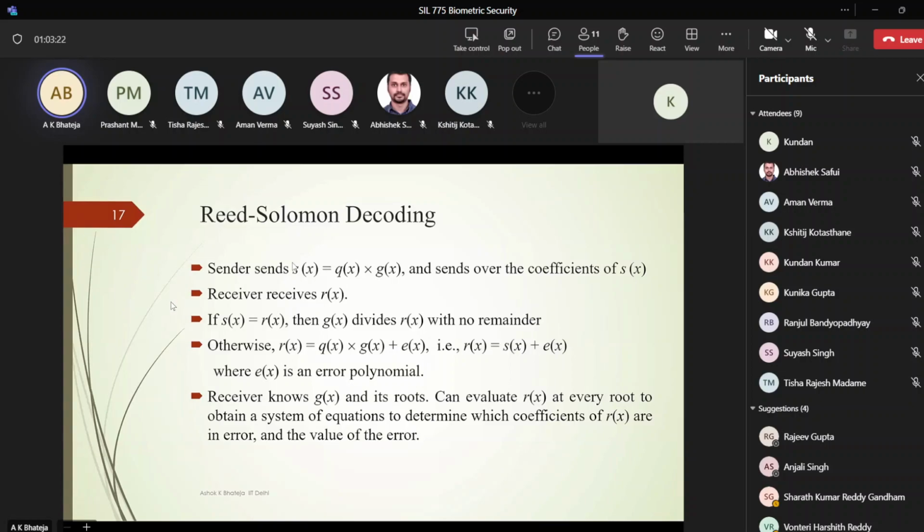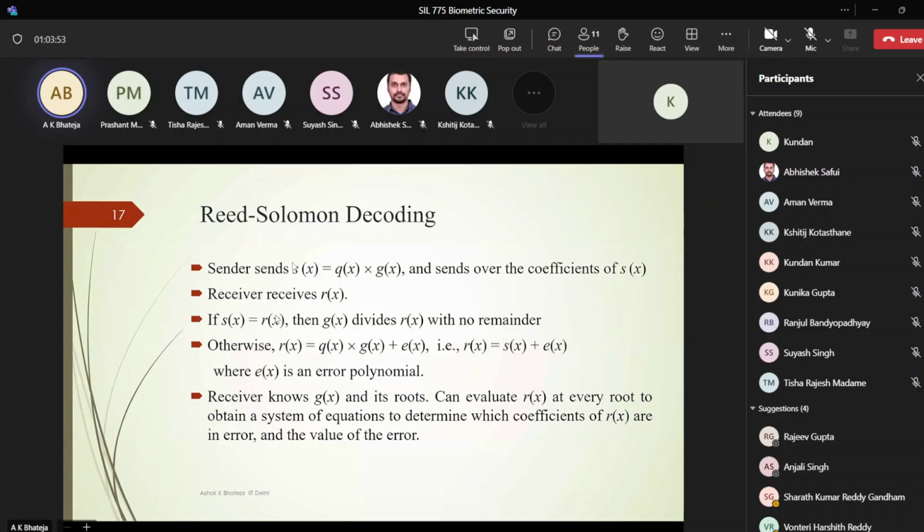And suppose that is equal to E(x). So R(x) is equal to S(x) plus E(x), because S(x) is already divisible by g(x) and this is the remainder. Whatever you have received, that is R(x). So E(x) is the error polynomial. The receiver knows g(x) and its roots.